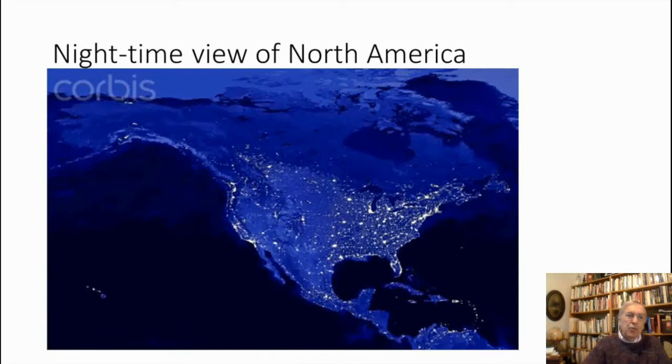Some of them are real photos, some are artificial, where they've patched things together to make it look like what those cities would look like at night. But anyway, these are real ones, and you can see it is true that the eastern half of the United States is much more densely populated than the western half.